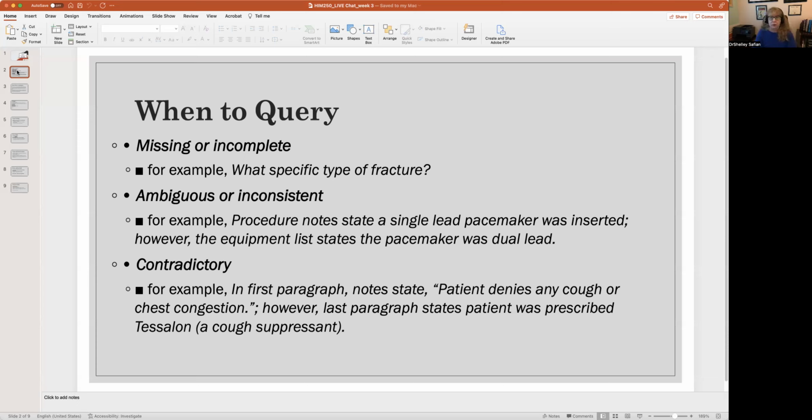That doesn't make sense. You have to query and say, did the patient have a cough or not? Was this maybe accidentally copied and pasted from a different patient? Because that sometimes happens. Now that we have electronic records, some permit copying and pasting, although it is frowned upon, and this is exactly why.